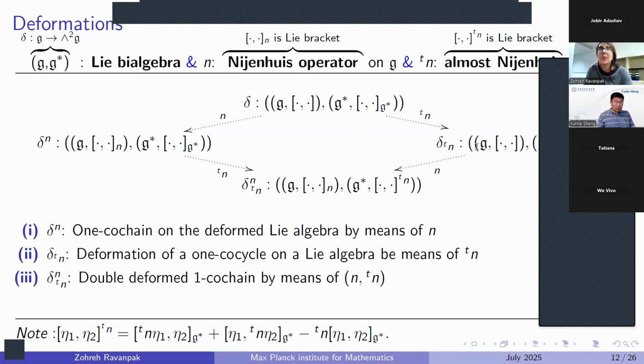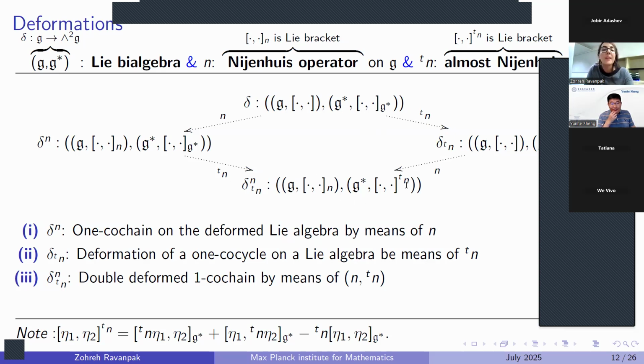Here, to be sure that the deformation by N transpose defines a Lie bracket, we impose the condition for N transpose to be almost Nijenhuis. And we call it the deformation of the one-cocycle and the algebra by means of N transpose. The next step is that we have double deformations by means of N transpose.